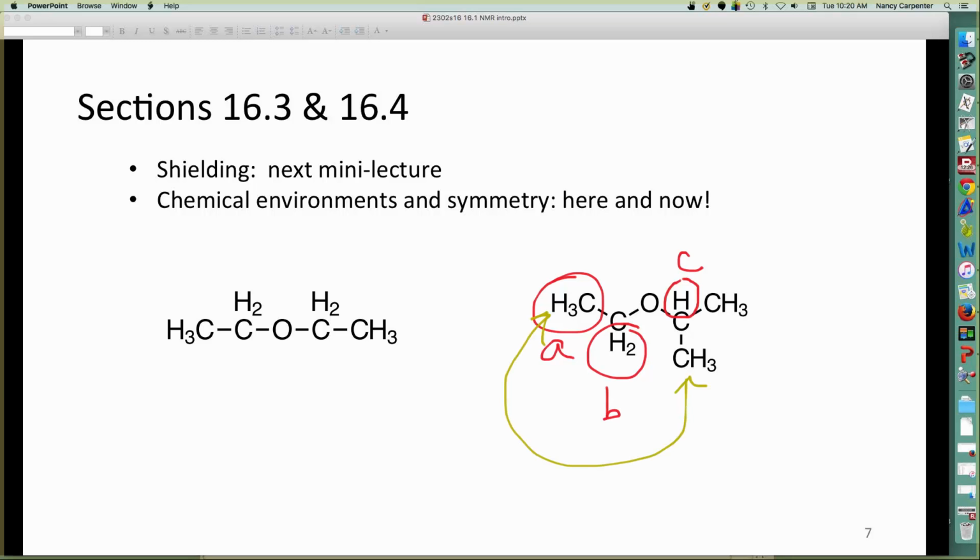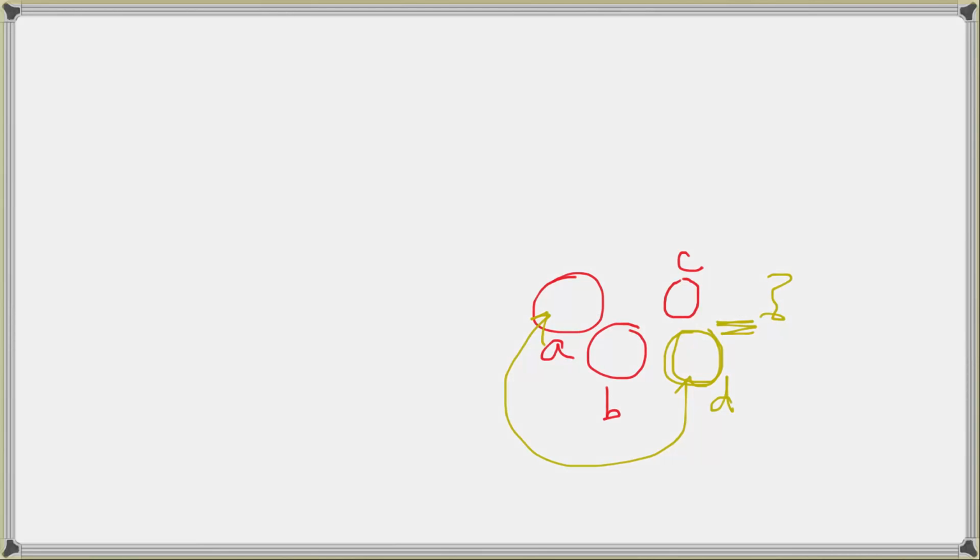Are those 6 hydrogens all the same? Well, no. By symmetry, they are not. In other words, this guy is unique compared to the one circled in red. So this would have to be D. What about this guy? Is that E? Well, then we have to get into a little bit more detail.